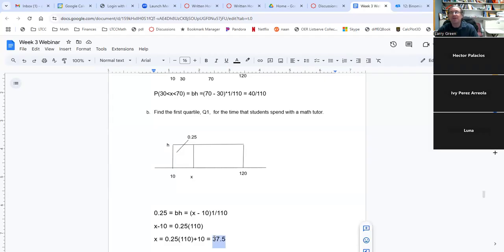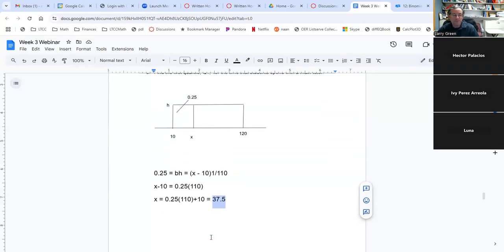And that's 37.5. And there is my first quartile for the time spent with the math tutor. Any questions at all on this example? Okay.